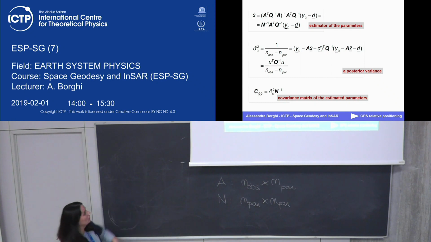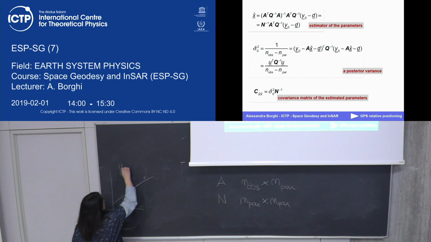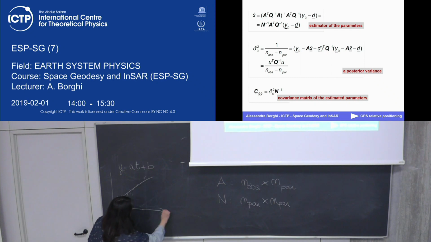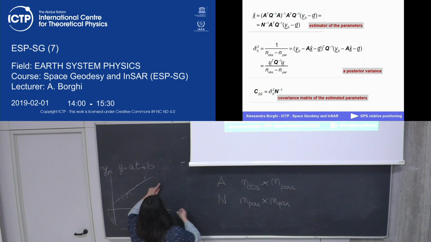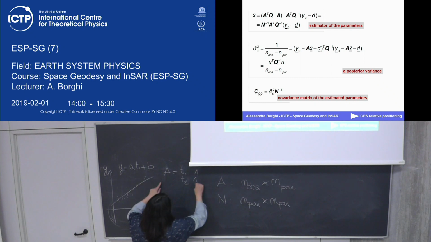So I know that you know the regression case. When we want to estimate, we have this relationship. In this case, we are going to write A given by T1, 1, T2, 1, T3, 1, and so on.